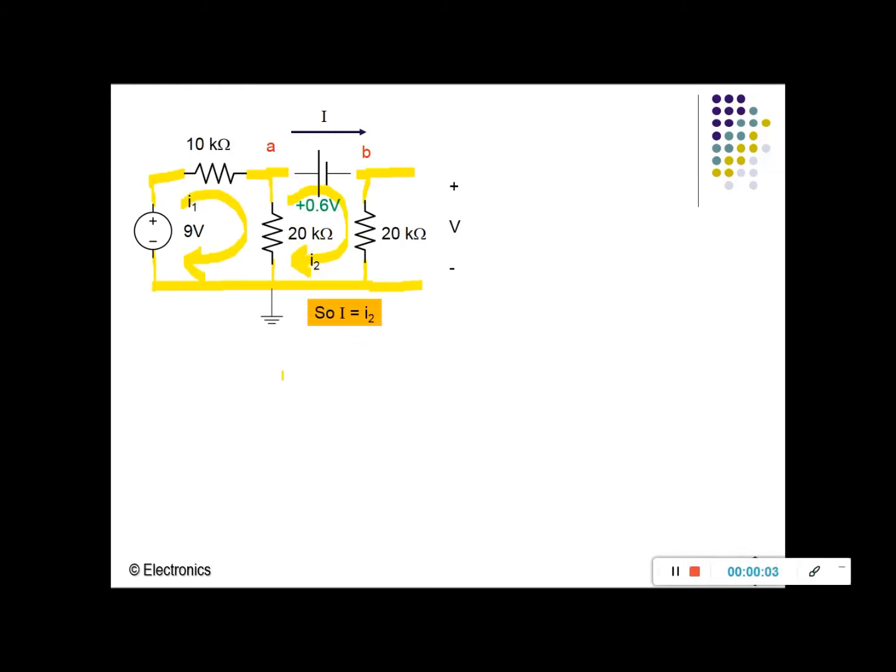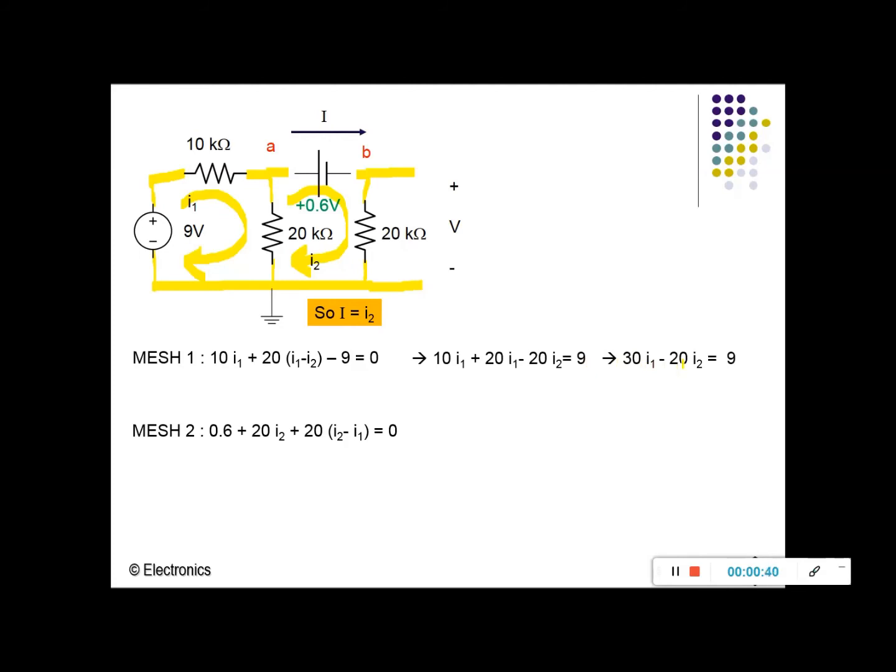So now let's do the mesh analysis. From loop 1, the equation is 10 I1 plus 20 (I1 minus I2) minus 9 equals 0, and mesh number 2 is 0.6 plus 20 I2 plus 20 (I2 minus I1) equals 0. I simplified mesh 1 until I get 30 I1 minus 20 I2 equals 9.